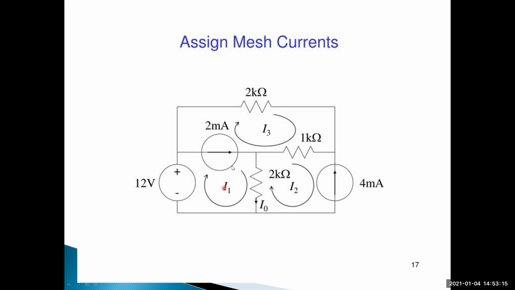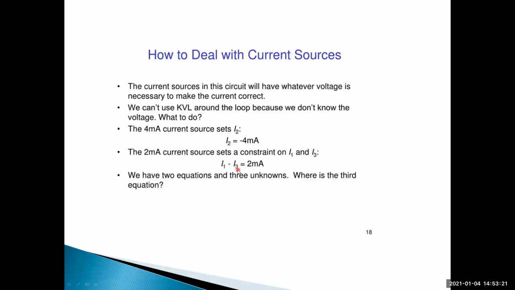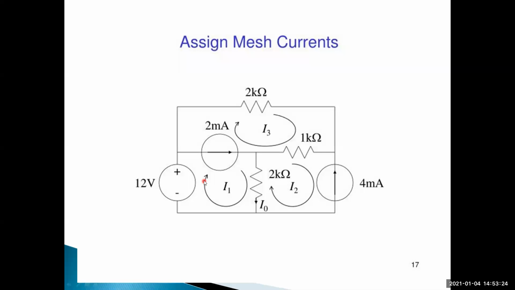Because of that, it is interlinked with I1 and I3. That's why you will get I1 minus I3 is equal to 2 milliamps. I1 current direction is like this, and I3 current direction is the opposite direction. I1 in this direction, I3 in this direction.